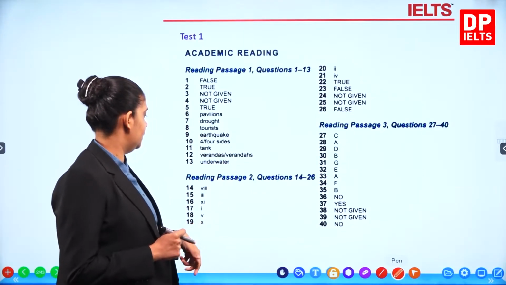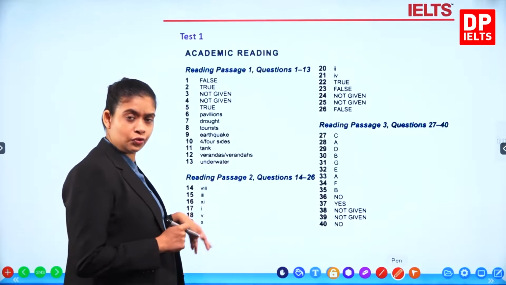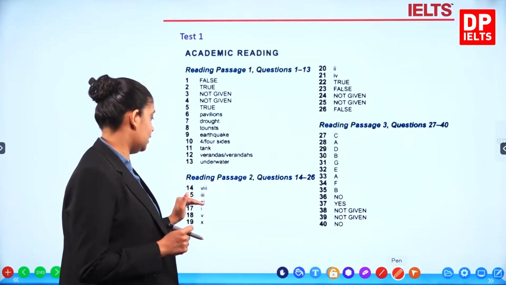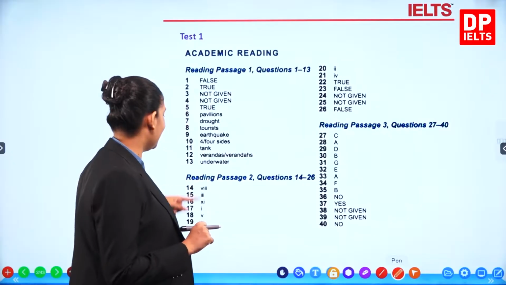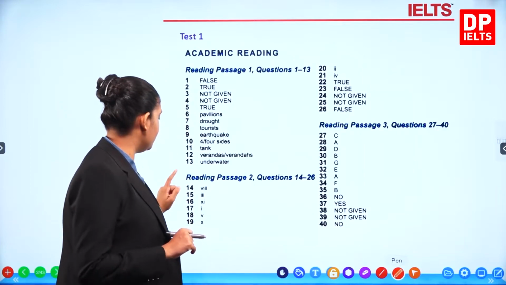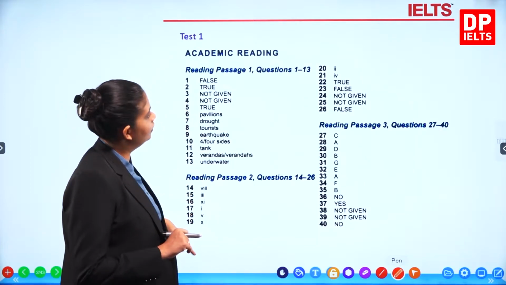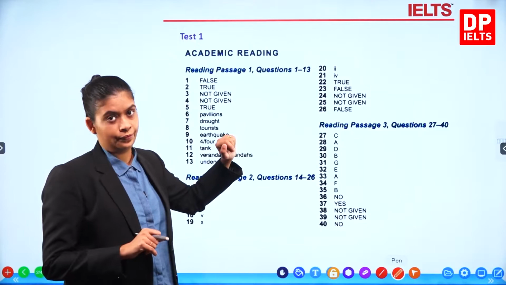Underwater. Then you have 8, 3, 9, 6, 11. I think I was very bad with Roman numbers today, okay? So 8, 3, 11, 1, 5, 10, 2, 4.